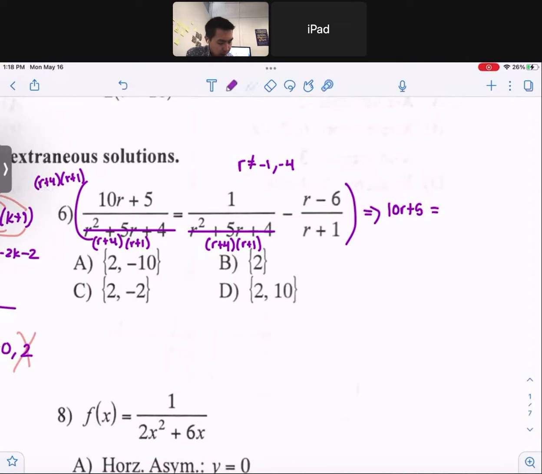Next, r plus 4 times r plus 1 cancels again, so that equals just 1. This times this, the r plus 1's cancel, and all we're left with is negative r minus 6 times r plus 4.